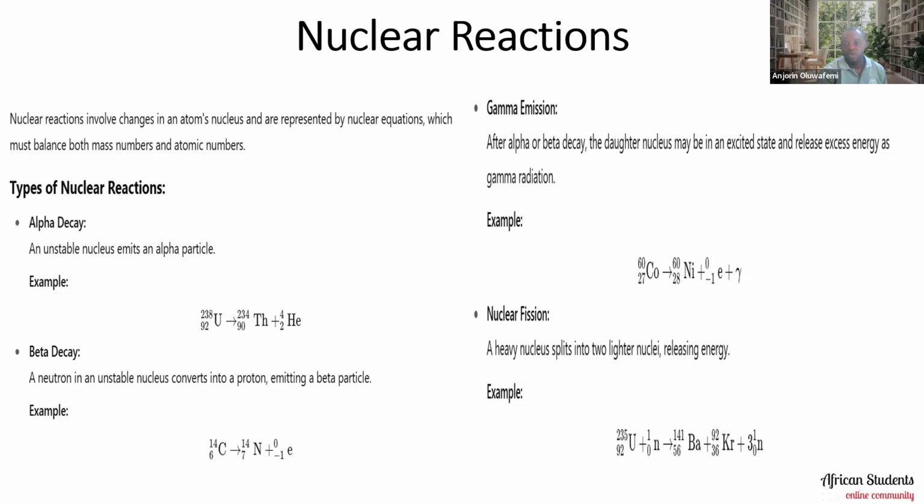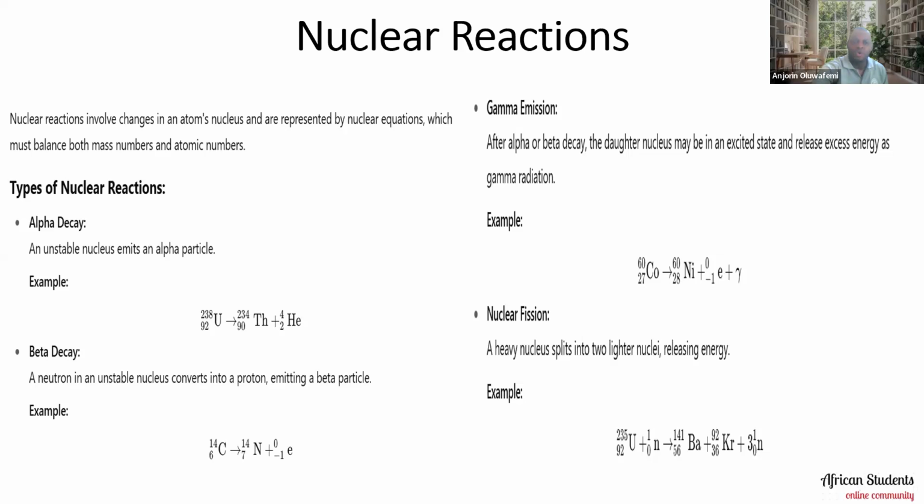When you look at this closely, you discover that this big uranium atom has split into 2 lighter nuclei. That is what we call nuclear fission, the splitting of a heavy nucleus into 2 lighter nuclei, and the release of corresponding energy in the process.